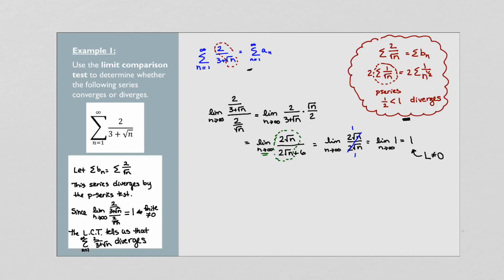Whatever happens to the first series also happens to the second series in the limit comparison test.